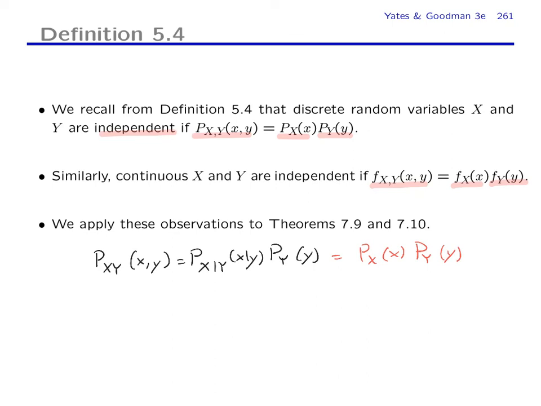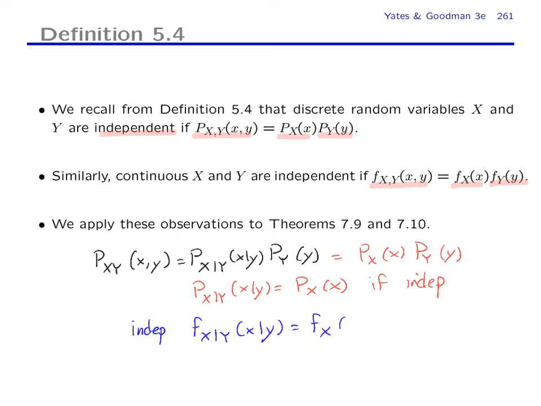So what we see is that by independence, it has to be true that the conditional PMF of x given y is equal to the PMF of x. The same logic applies to the continuous case. For continuous x and y, independence says that the conditional PDF of x given y has to equal the marginal PDF of x.